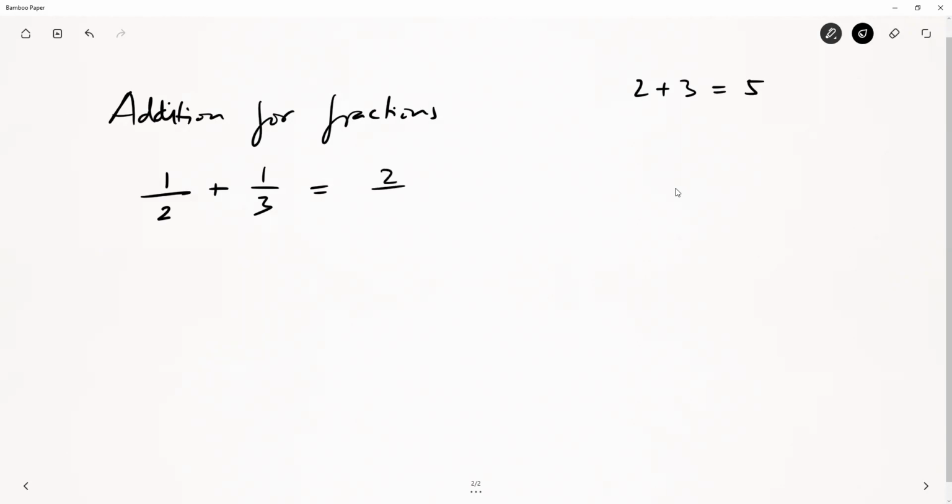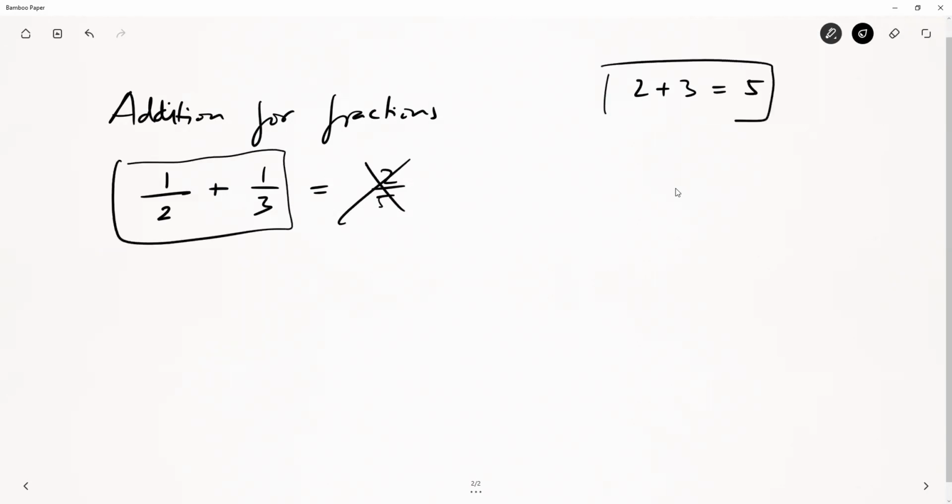They will get 2, and then they just add the denominators, 2 plus 3 equals 5. But this is not the right answer actually, because what happens with fractions is not the same as with integers. So now we need to explain how to do addition for fractions.